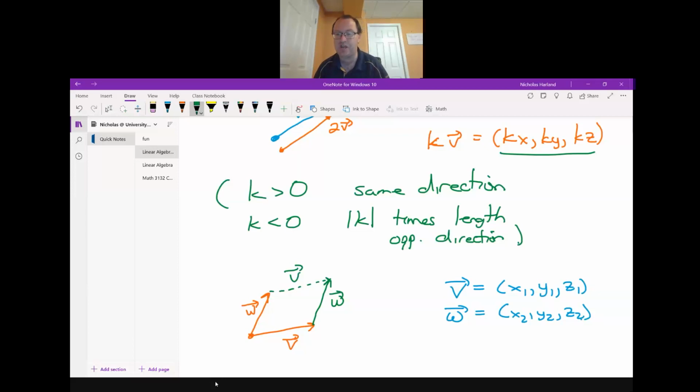And what kind of shape have we created? Yeah, the shape that we've created is a parallelogram. And v plus w is that vector right there. So geometrically speaking, this is how we can add them together.